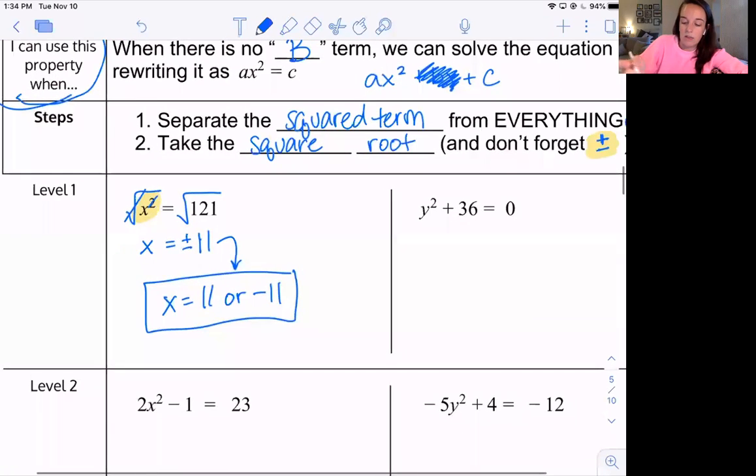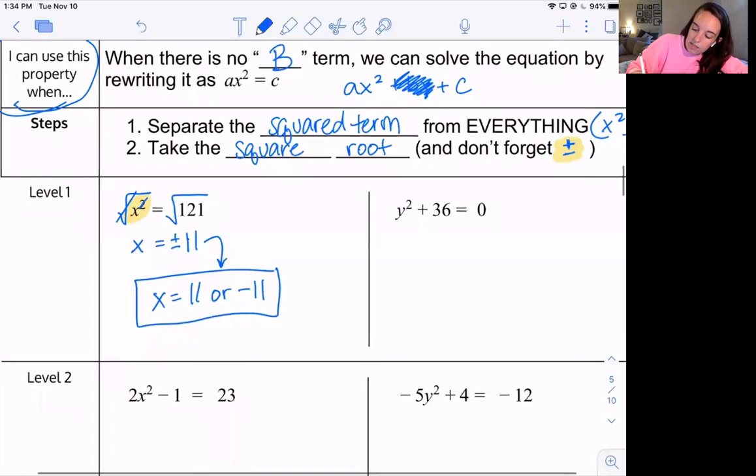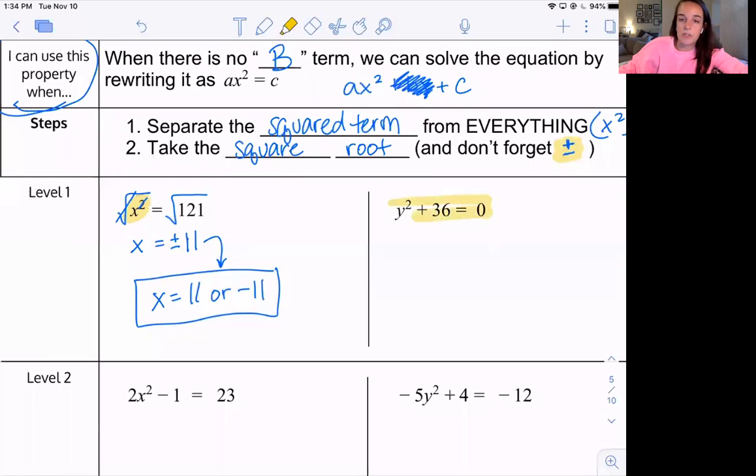All right. I'll give you a second to go ahead and write down this one here. y squared plus 36 equals 0. All right. So step 1 is to separate the squared term from everything. So here I have the squared term. So I need to get rid of the plus 36.